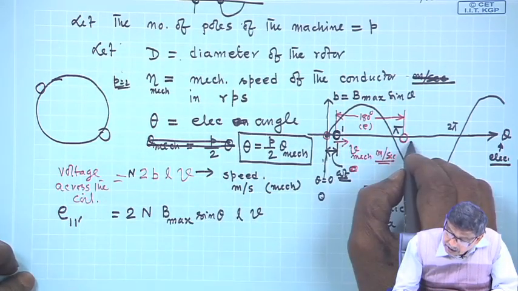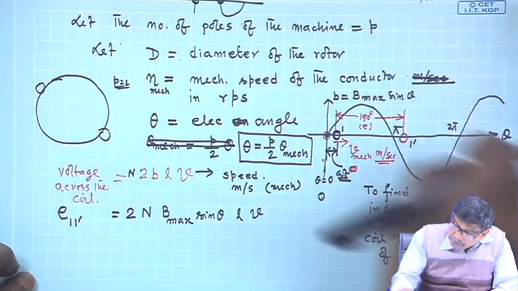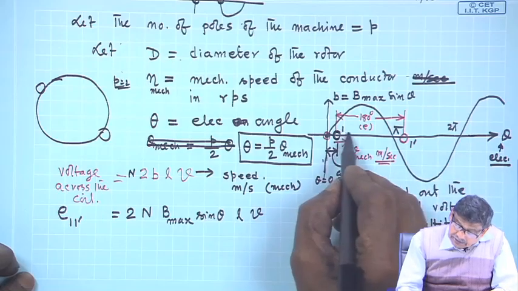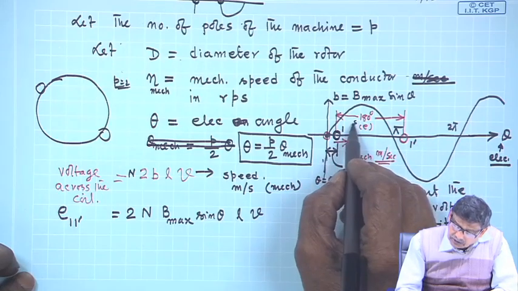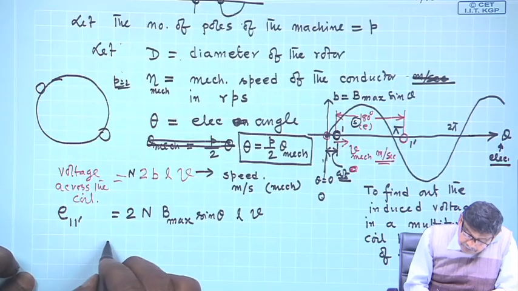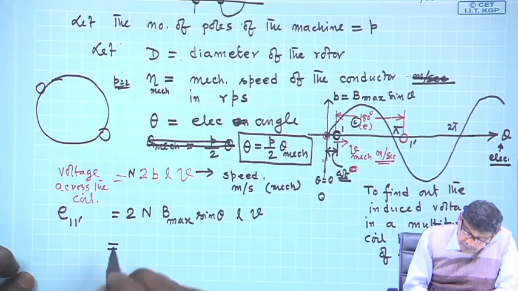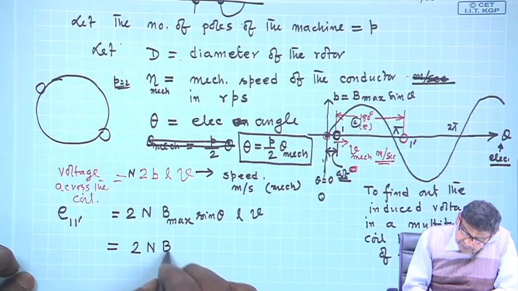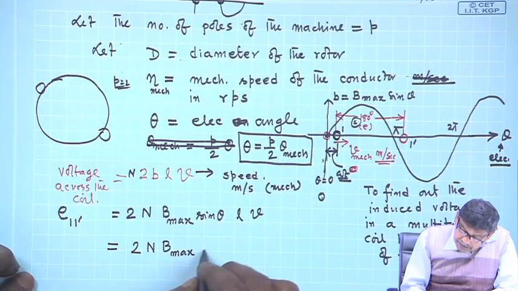This is 1, other side is 1 dashed, and it is moving like this. So, this is the south pole, that way the polarity will be. Now, this 2 n B max into L.